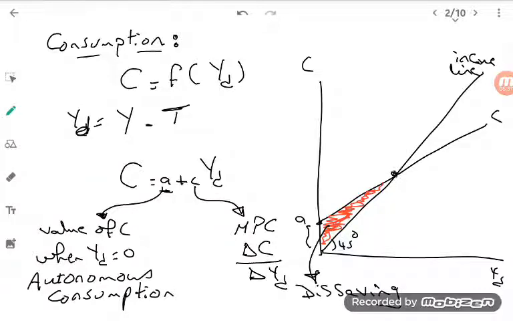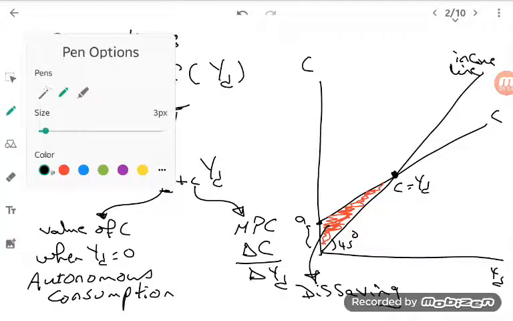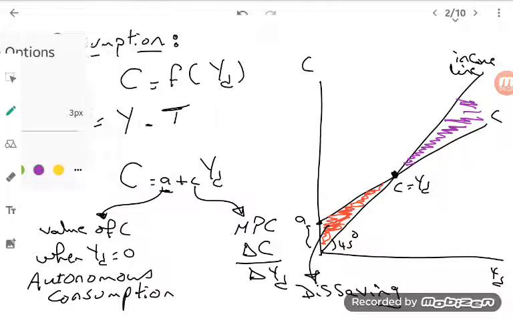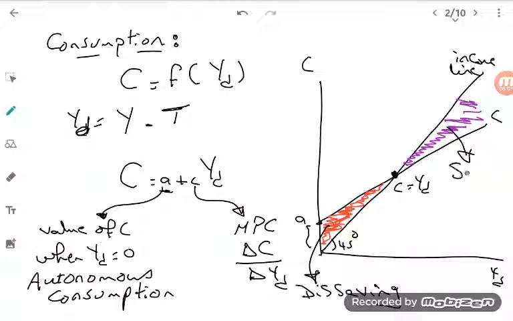At this point, consumption equals disposable income, and this is known as the break-even point. What you get, you spend on consumption. There is no extra money. In this area, we can realize that income is greater than consumption, so we can save money.